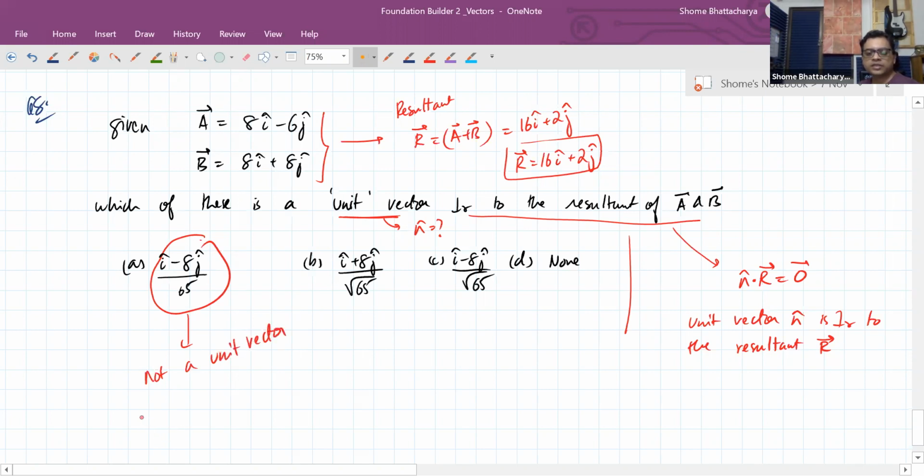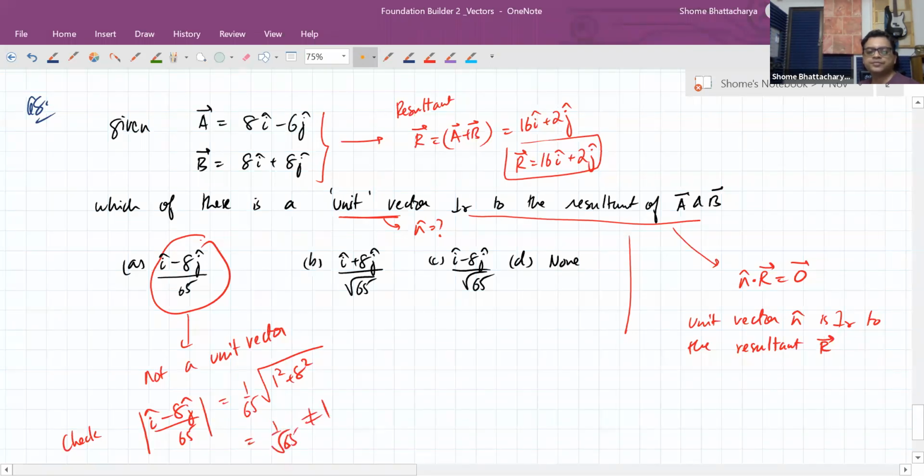How do I know it's not a unit vector? Check its magnitude. So it is 1 by root 65, which is not equal to 1. So this option is ruled out because of that.